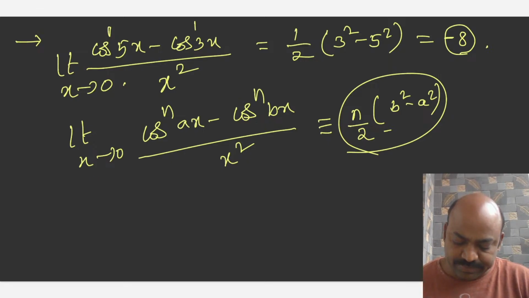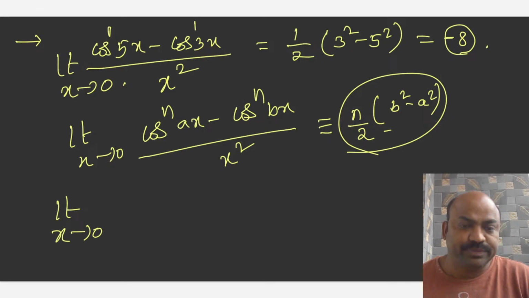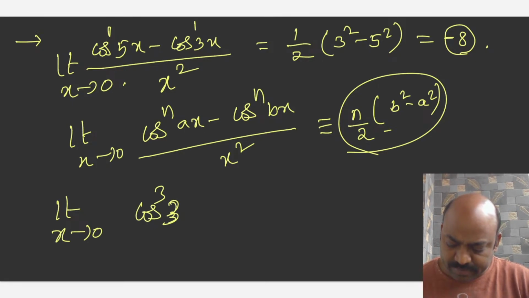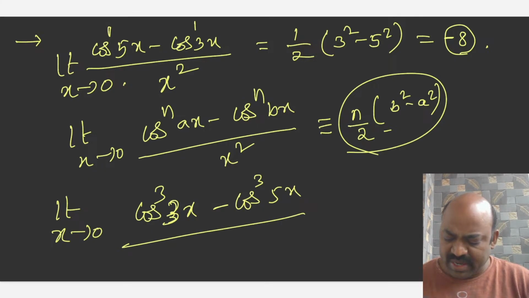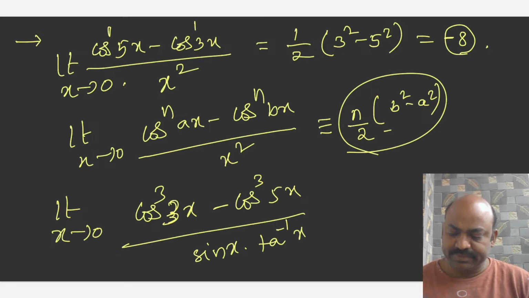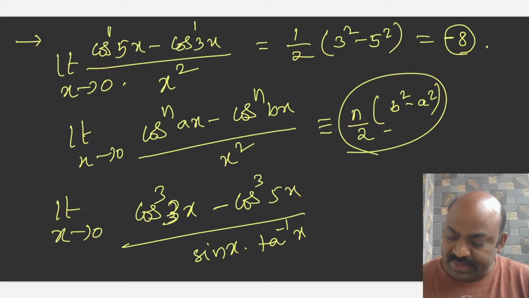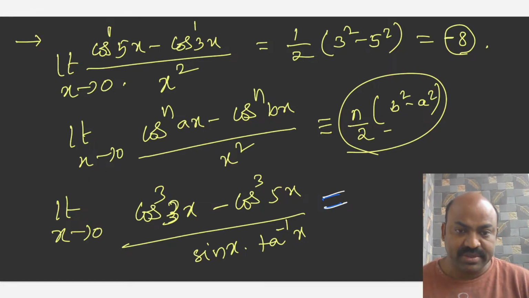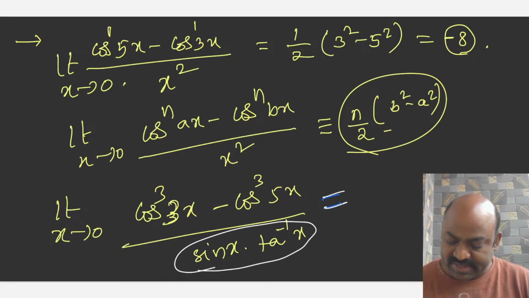Now I want to give you one more question. Limit x tends to 0 of (cos cube 3x minus cos cube 5x) by (sin x into tan inverse x). How can you do this? The simplest way is to first write it in the standard limit form with x square.